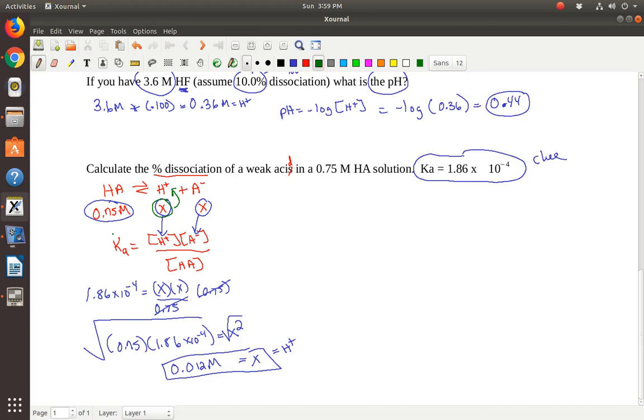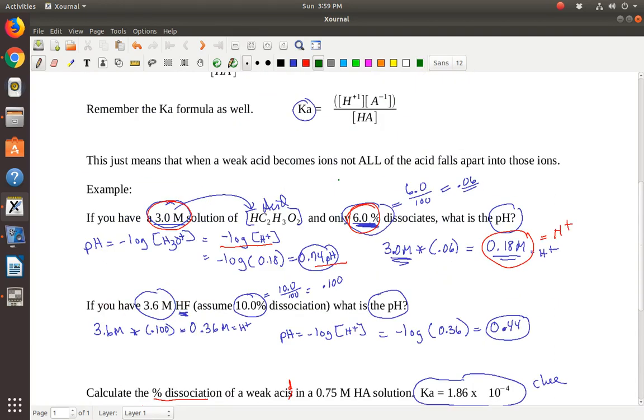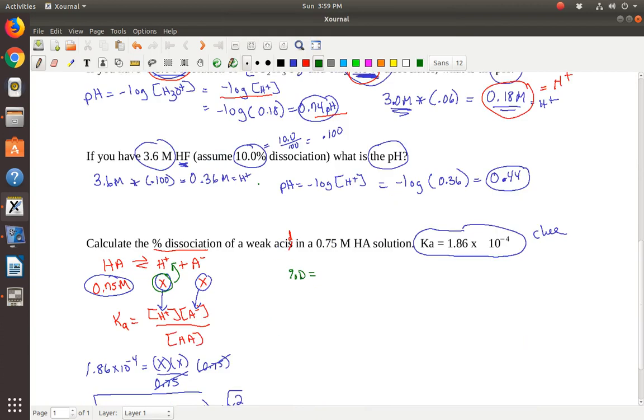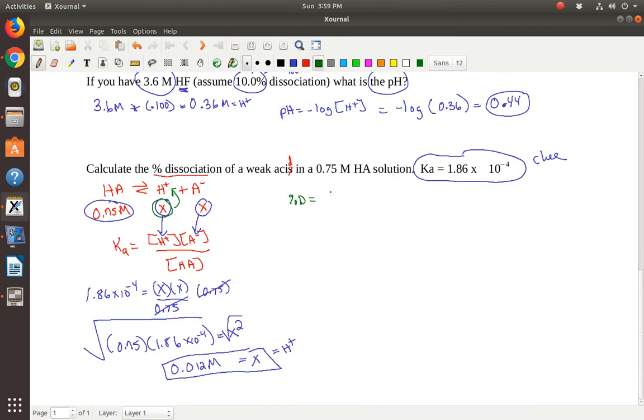So now I can figure out all kinds of things. I can figure out the percent dissociation of this. Okay, let's go back and look at the formula. It's the hydrogen ion concentration divided by the acid concentration times 100. The hydrogen ion concentration was 0.012.